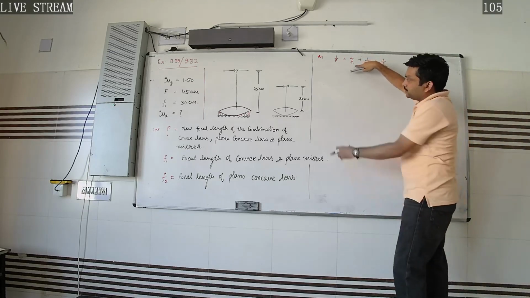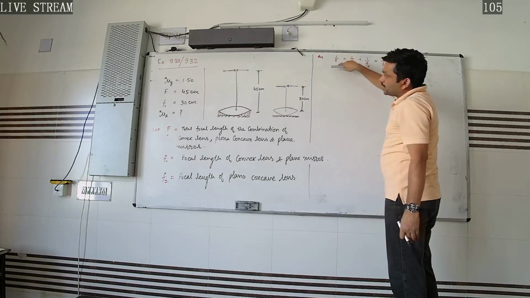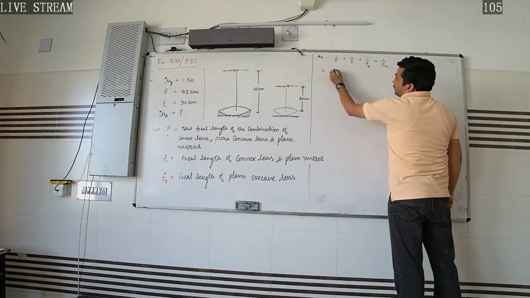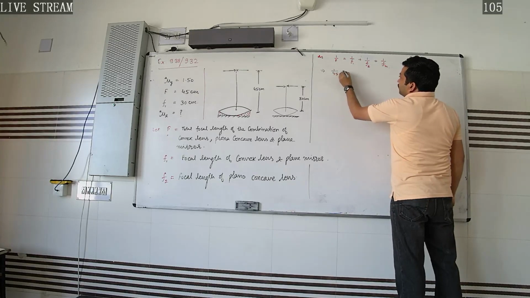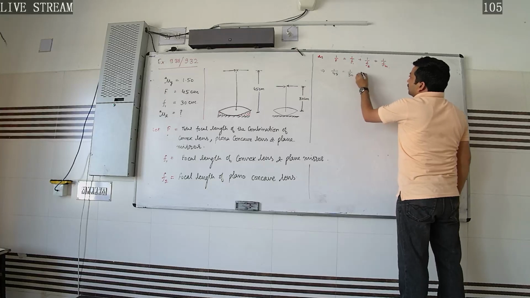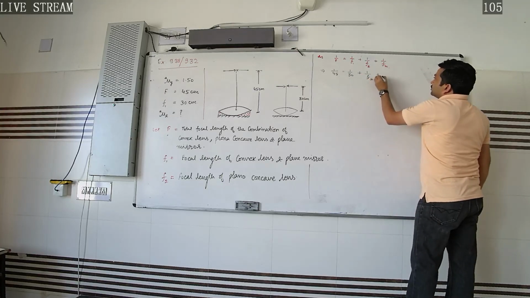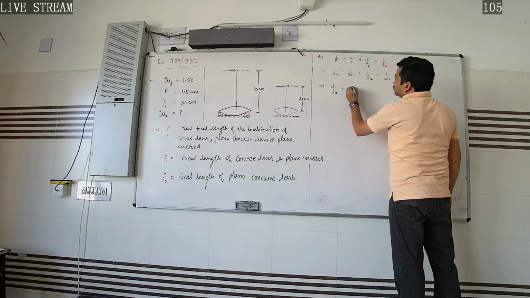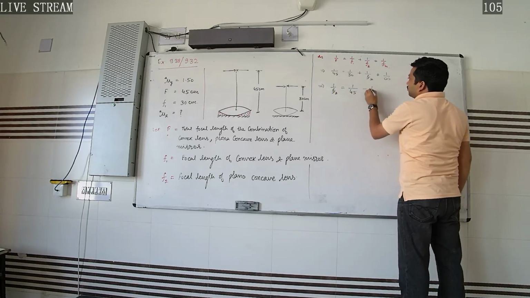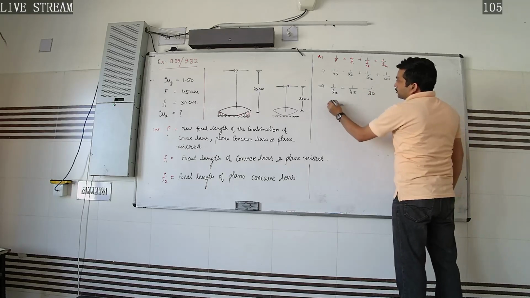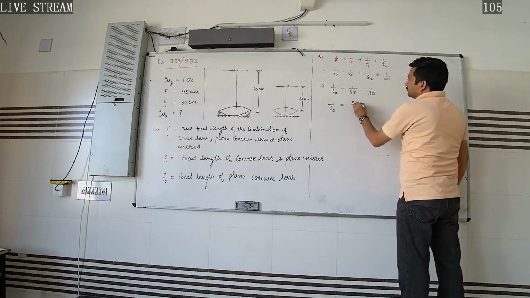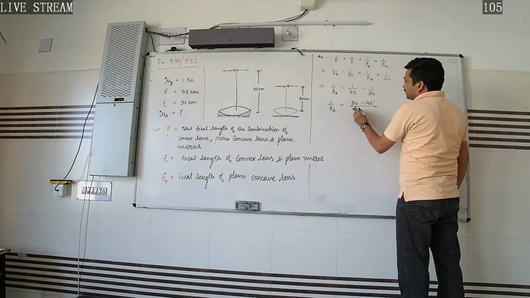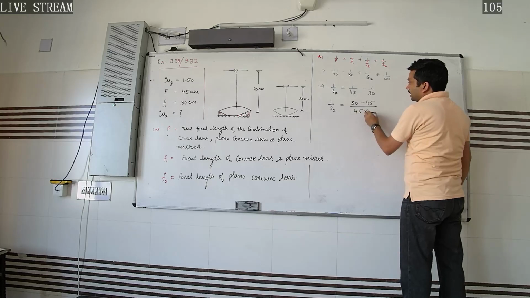The value of 1 over F is given to us as 1 over 45. So substituting the values, we get 1 over 45 equals 1 over 30 plus 1 over f2 plus 1 over infinity. So 1 by f2 equals 1 over 45 minus 1 over 30, or in the next step, 30 minus 45 in the numerator, and in the denominator it will be 45 multiplied by 30.